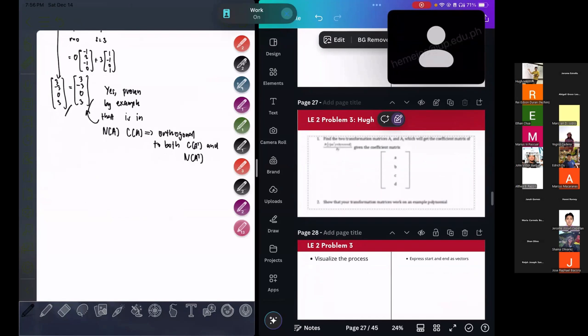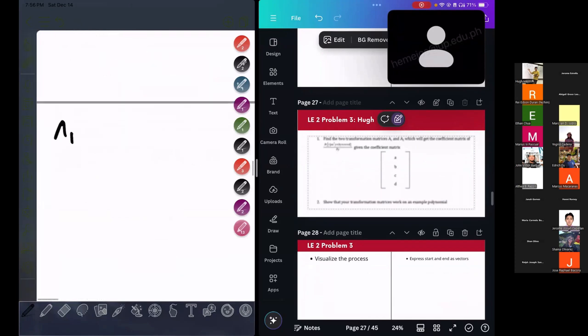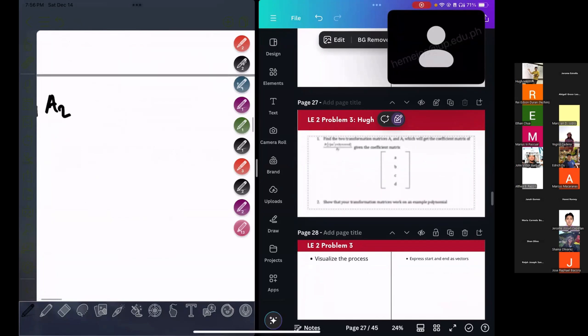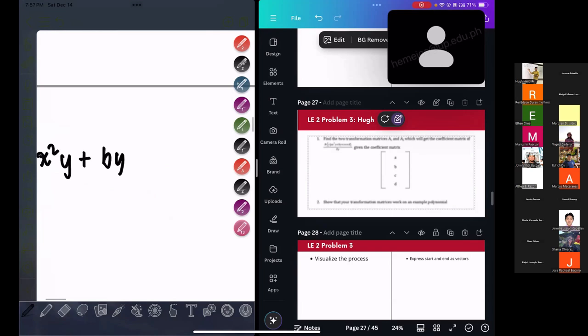For this problem, you're basically tasked to find a series of linear transformations denoted as A1 and A2 that perform this specific function. So ax squared y plus by plus cx plus b.